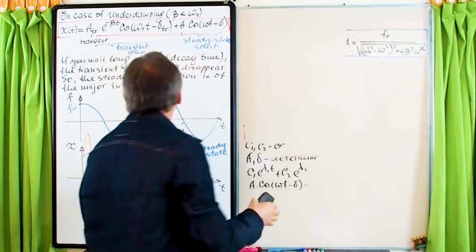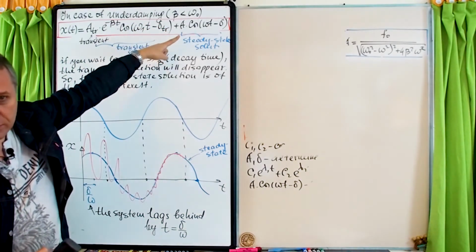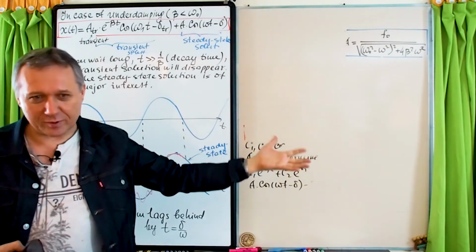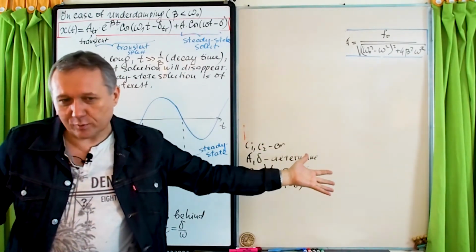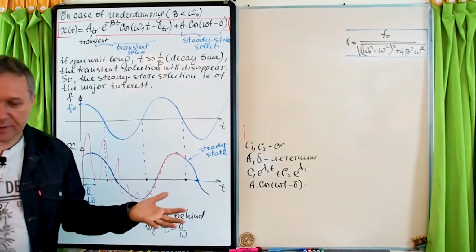And again, you remember, we are in an underdamping case, because resonance makes sense to discuss only in the underdamping case. When you don't have any oscillations, there is no point of even looking at the overdamping or critically damped case, right?